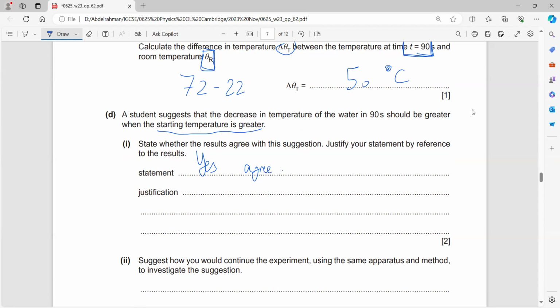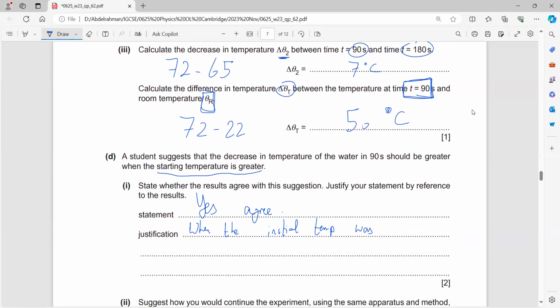When the initial temperature was 95, what happened?